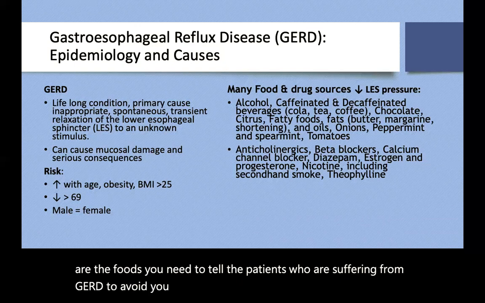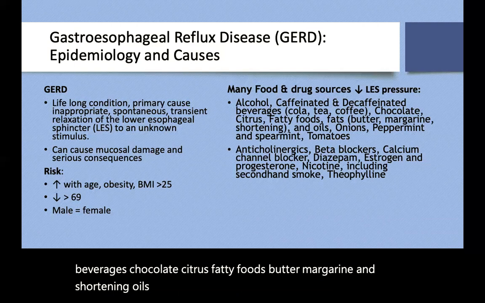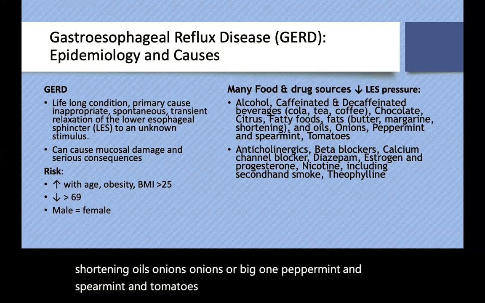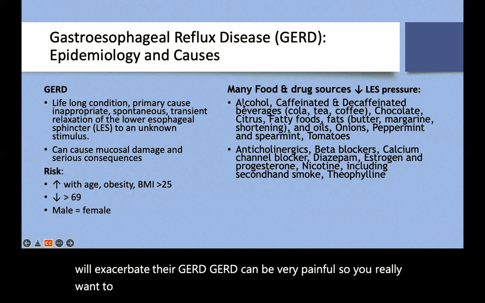Onions is a big one. Peppermint and spearmint and tomatoes, all very acidic inflammatory foods that will exacerbate their GERD. Okay, GERD can be very painful, so you really want to make sure you have the patients avoid these foods.